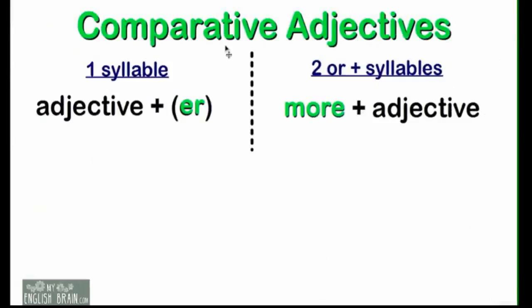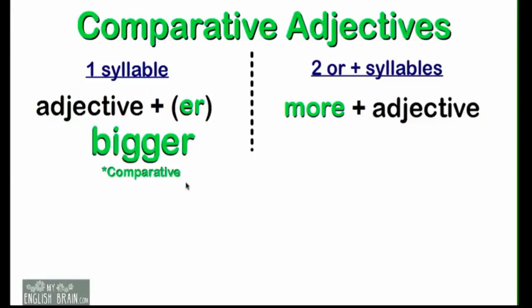So, we have two forms of the comparative adjectives. When we have an adjective with one syllable, we put er on the end of the adjective to make the comparison. For example, big. Big is one syllable. So, we put er on the end of the adjective, and now we have the comparative adjective, bigger.